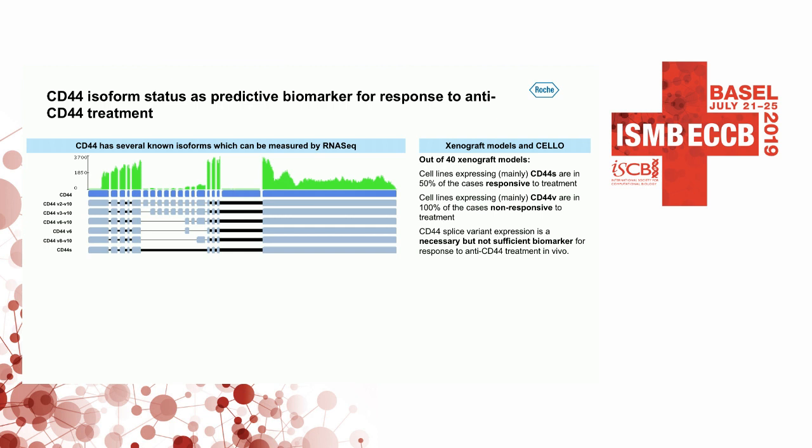So the chance that you have a responder if CD44V is the main isoform being expressed was exactly 0. This meant that we might have found a predictive biomarker for treatment. At least it was a sufficient but not necessary condition that the cell lines would express CD44S.